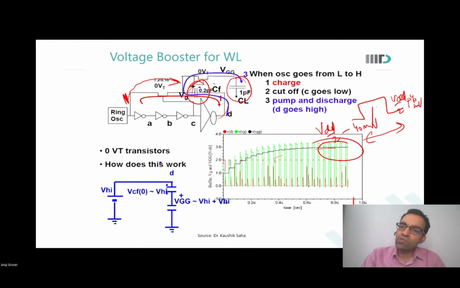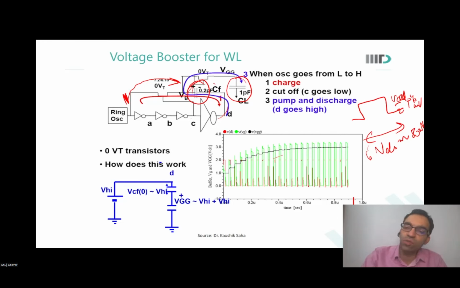You are transferring charge at a VDS of approximately 80 millivolts. This is still fine. As this becomes 30 and 30, it goes to 60. As this VDS goes lower, the total time it would take to charge would increase, because VDS is low, so the current that is flowing has reduced.